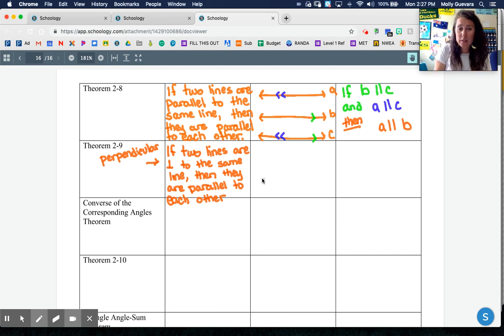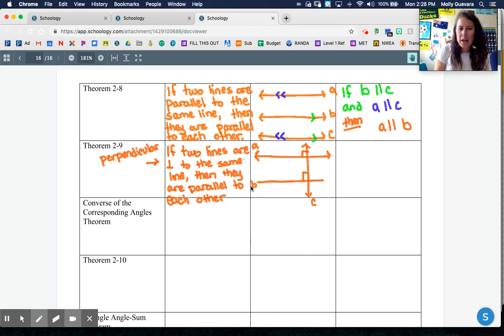So let's think of this. If I have a line, and that line is perpendicular to this line, let's just say, and I'm going to call this B and this C. So if this is perpendicular, but then I also have line A, and A is also perpendicular.